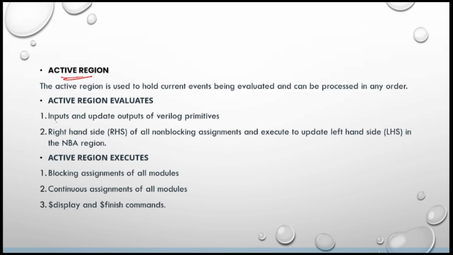Let us see. Now if you see, in case of the active region, what are the things that will be activated? All the gate level modeling Verilog primitives, whenever you write gate level modeling code, everything will be evaluated in the active region. Similarly, all the right hand side of non-blocking statements, like if you see the non-blocking statement, it is like this.